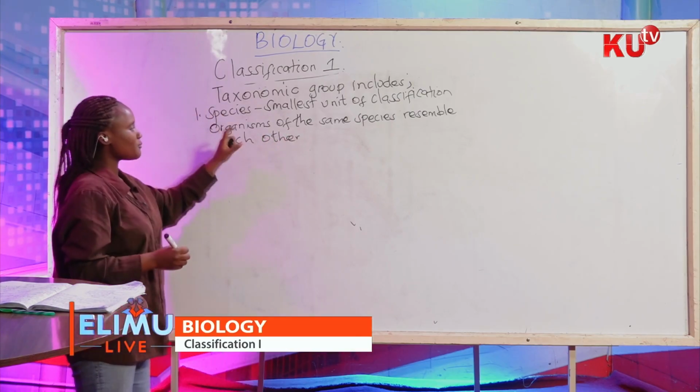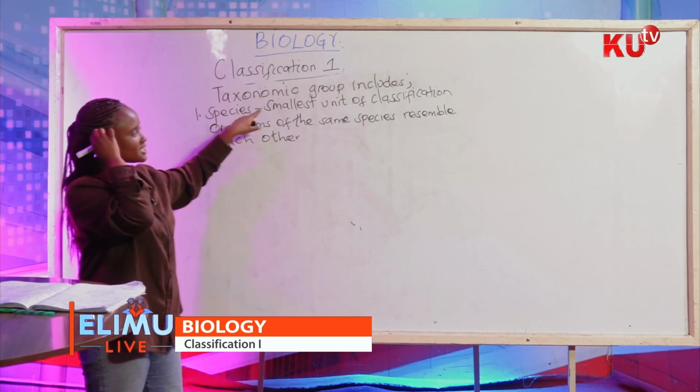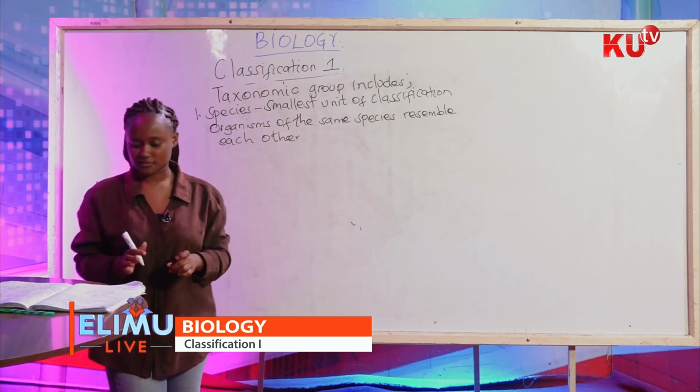So organisms from the same species, they resemble each other. And species is the smallest unit of classification.